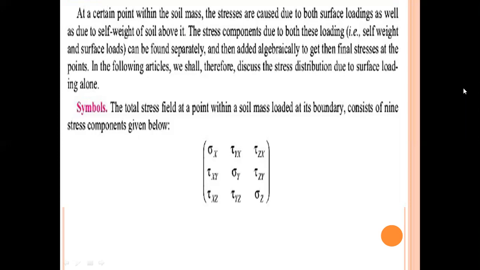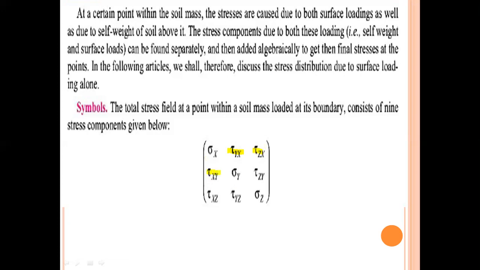The total stress field at a point within a soil mass loaded at its boundary consists of 9 stress components given below. The first one is sigma x in the x plane, and tau yx and tau zx.